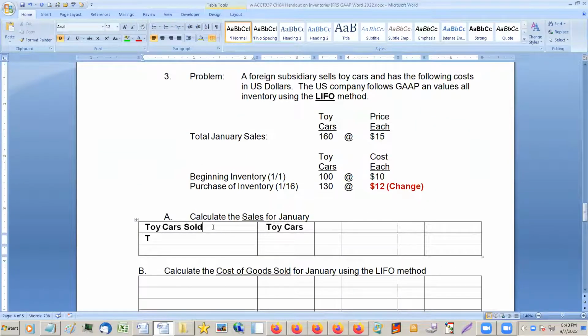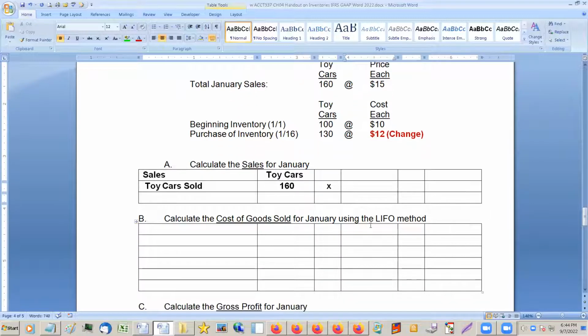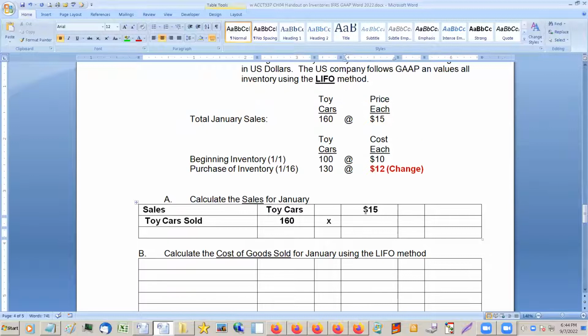Okay, so they sold 160, exactly the same as the last, sold for the same price, $15.